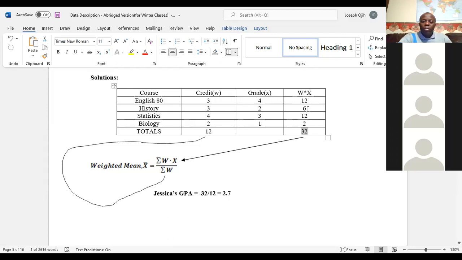But doesn't that sigma sign equal the sum of W? It is, and this is the sum right here. See, I highlighted it for you.